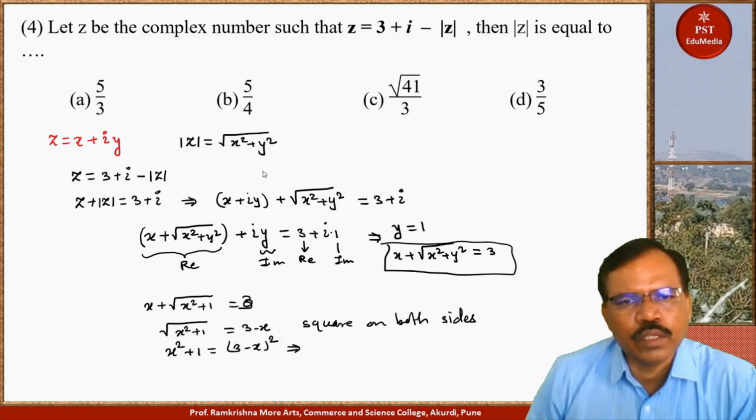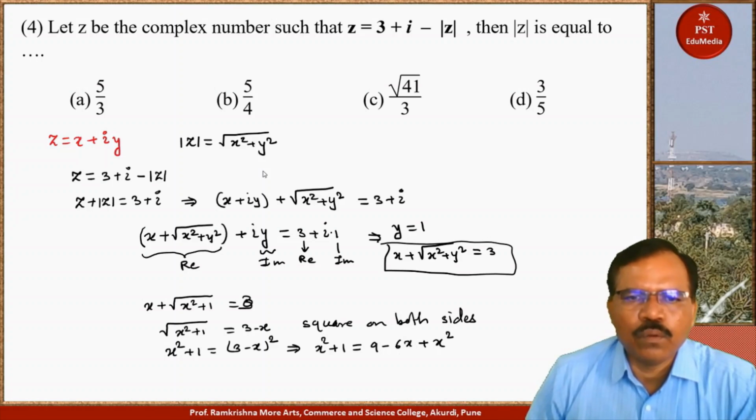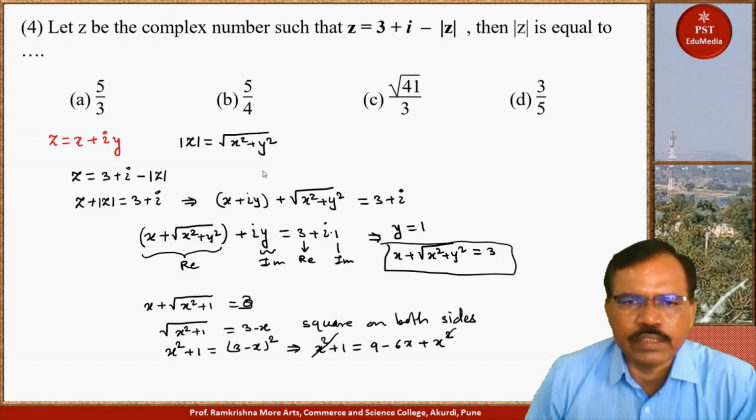This gives x² + 1 = 9 - 6x + x². Now this x² will cancel with this one.